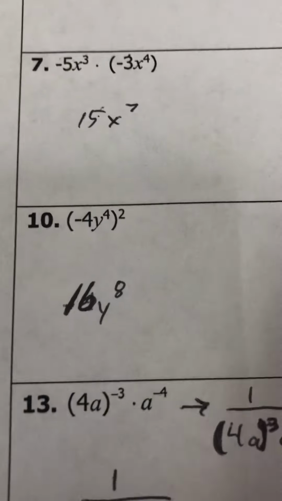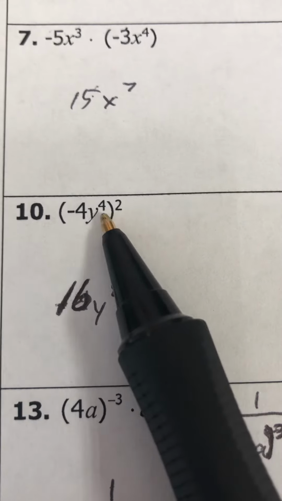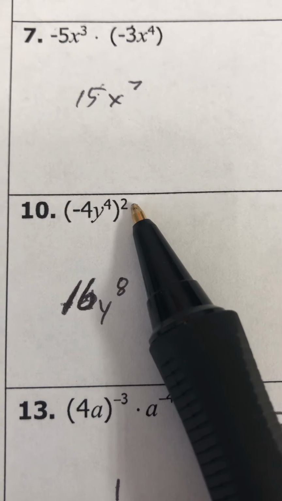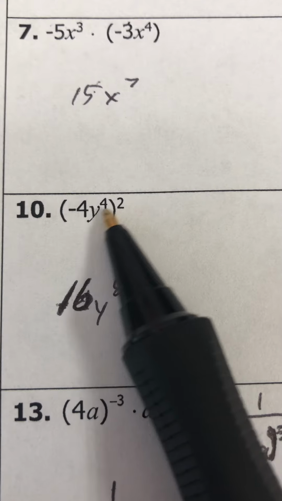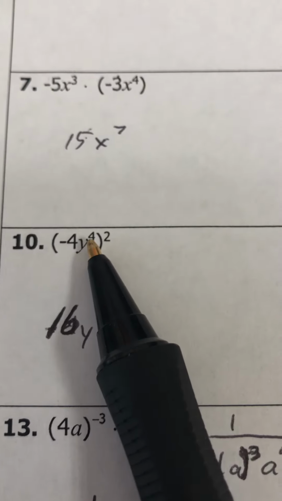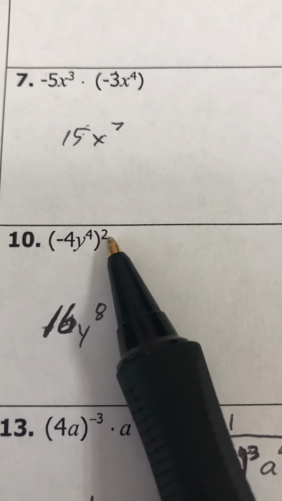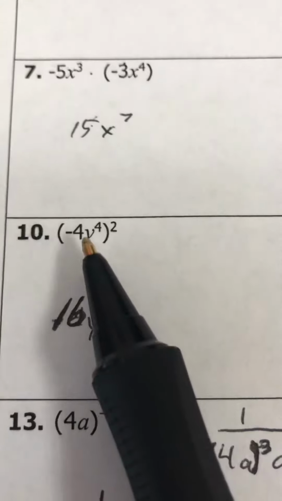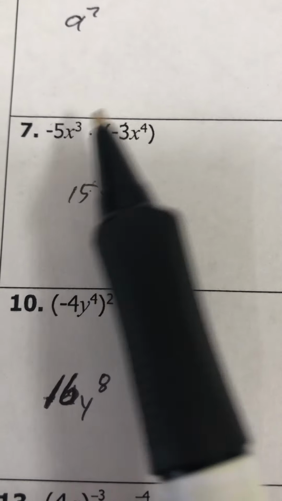Number 10. Negative 4 squared is 16. And then I have my y and I take my 4. And here I'm multiplying. Was I supposed to multiply that? No. Well, yeah, exponent to an exponent. I'm sorry. I was thinking of when I multiply these, I'm actually adding them.